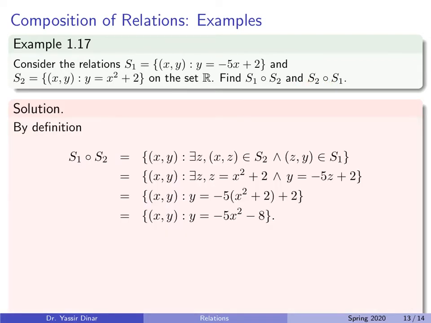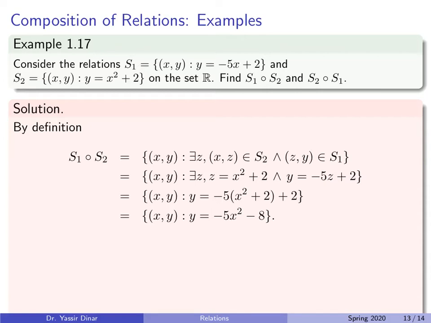To find the composition of S2 and S1, which means that we are finding S1 circle S2, by definition, we are looking for all pairs of elements (x, y) such that we can find a number z such that (x, z) is in the relation S2 and (z, y) is in the relation S1.